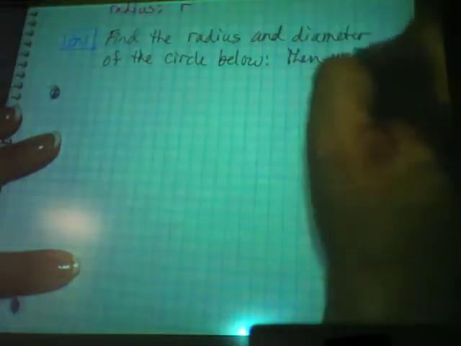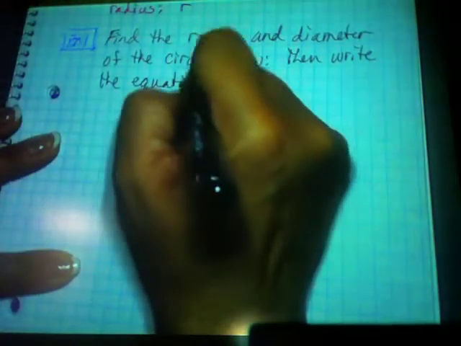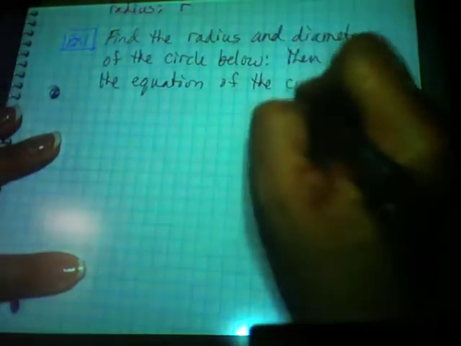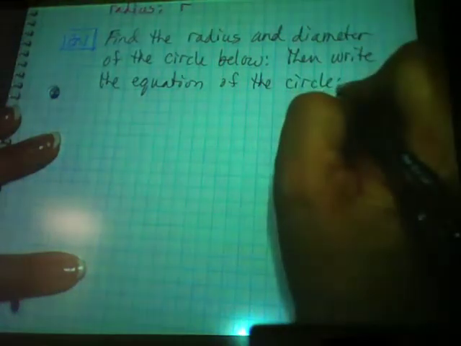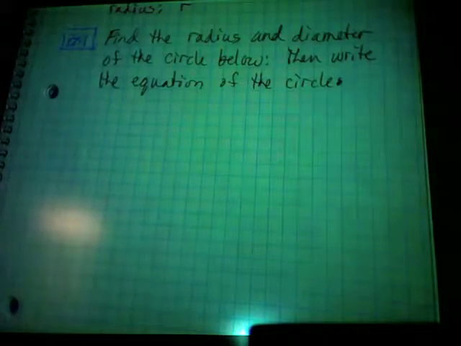Then write the equation of the circle. So before you can write the equation of the circle, you've got to gather some information. You have to find the center of the circle. You have to find the radius of the circle.